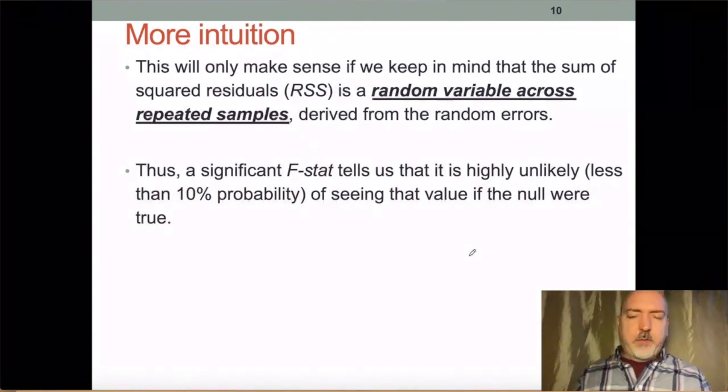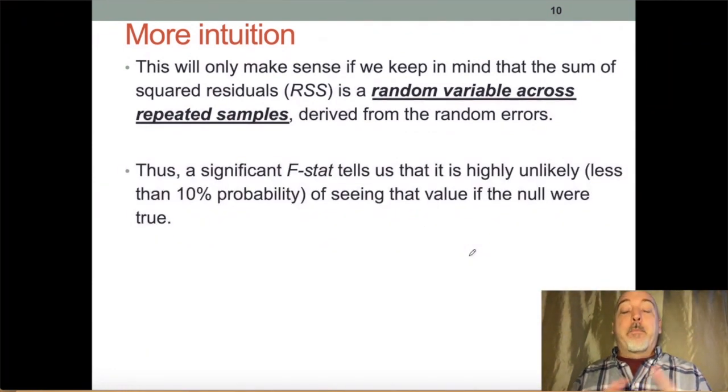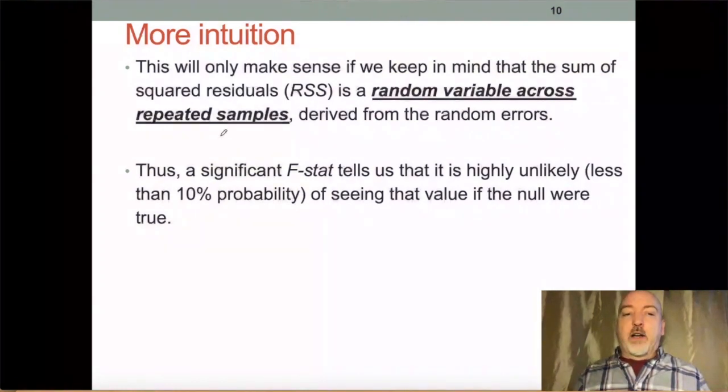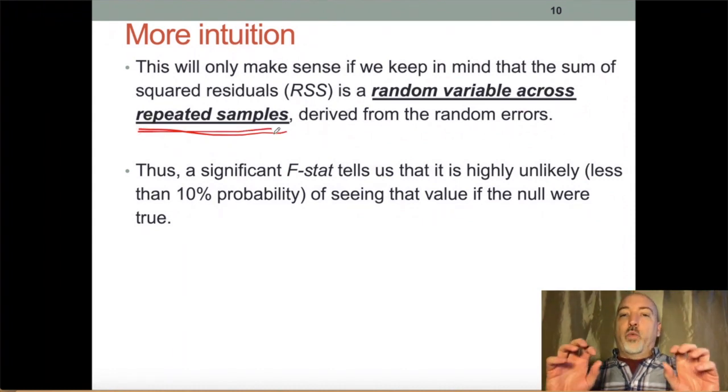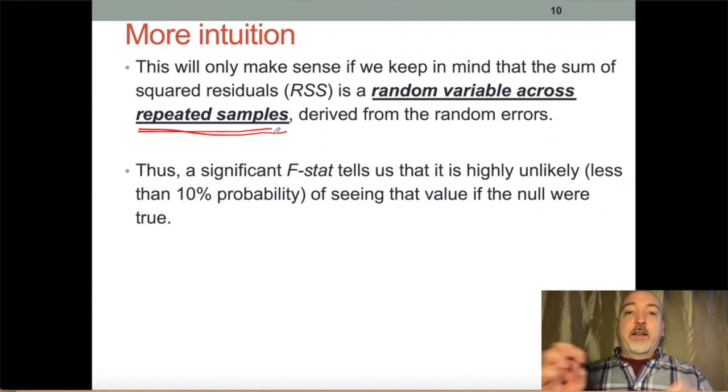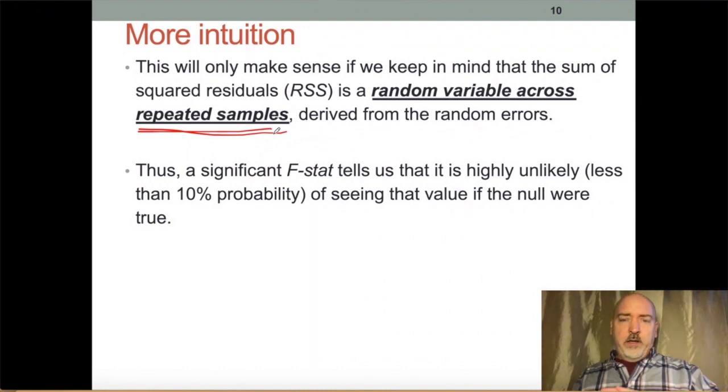And not to beat this up too much, but the real foundation of the story only makes sense if we keep in mind this theoretical idea of repeated samples. When we run a regression, we're just taking one set of random errors from the population and estimating our coefficients. And I think we should be comfortable with the idea that across repeated samples, we have random errors, therefore we have random coefficients.